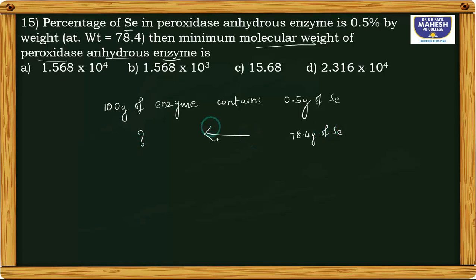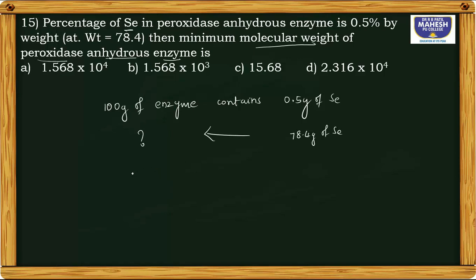That is what I am doing. Why am I doing like this? Because it contains one selenium, they told. So in the molecular mass of the enzyme there is only one selenium, and 78.4 gram is the mass of one selenium. So what is the mass of the enzyme that contains this one selenium? That is what I need to find out.